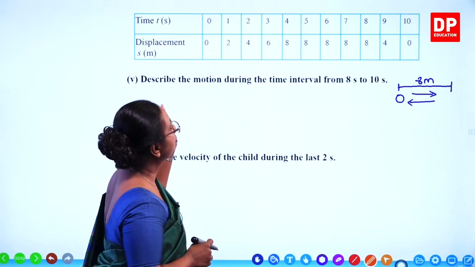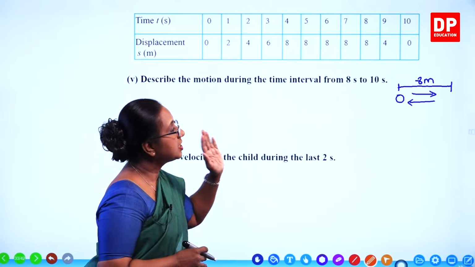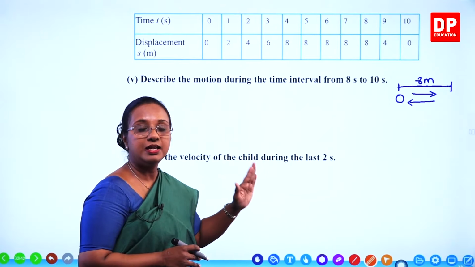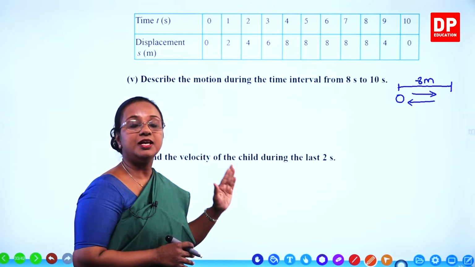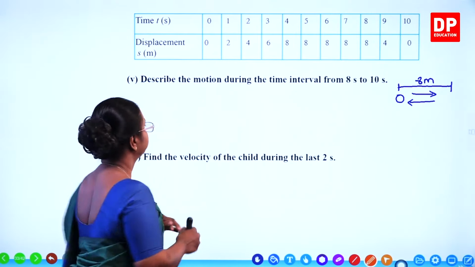So here you will have to say the child moved in the opposite direction and reached the initial position.